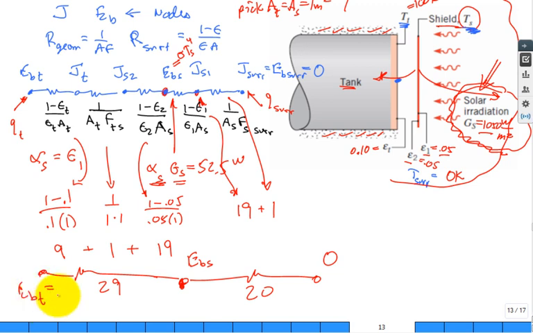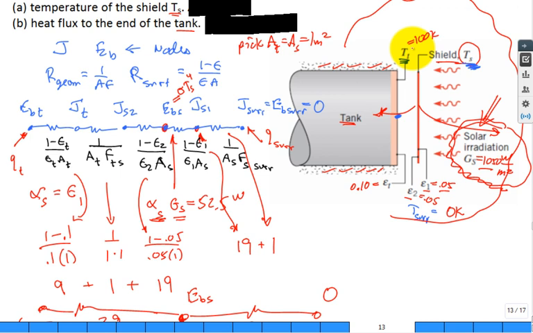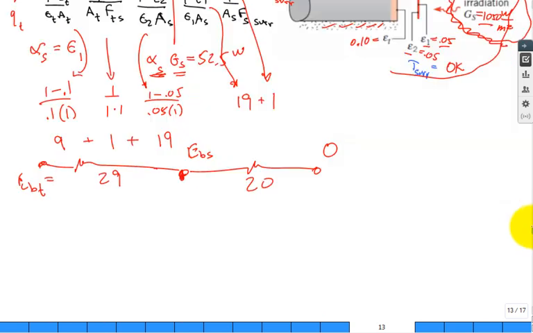I can put my sigma, my tank temperature is, was that part of the problem? The tank temperature is 100 Kelvin, right? It's right here, 100 Kelvin. So that's calculatable.